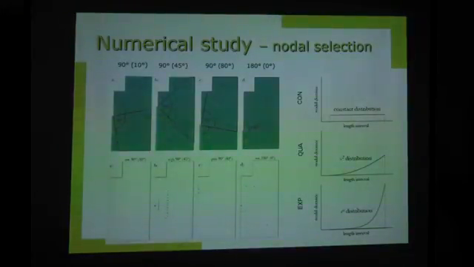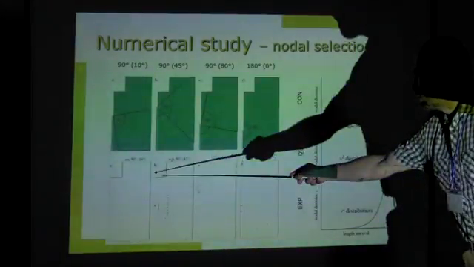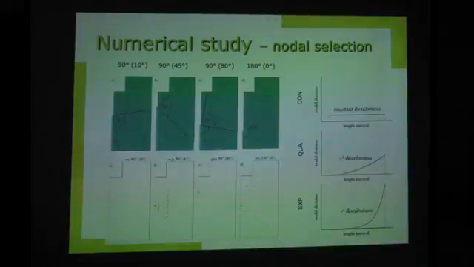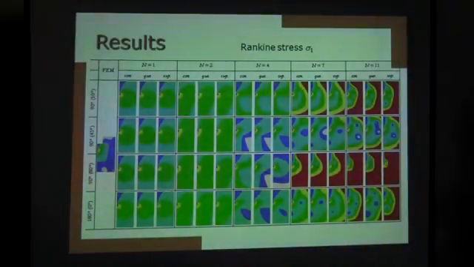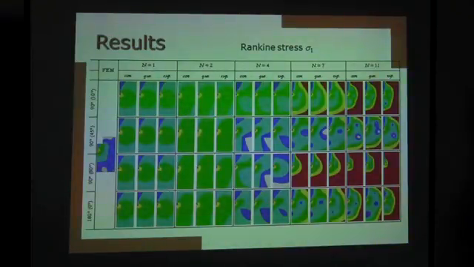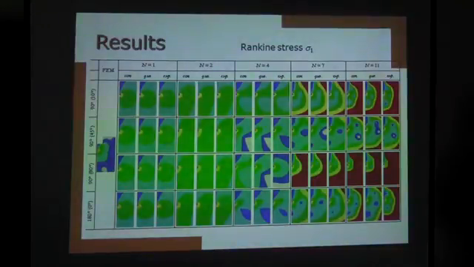And for the distance selection, we used, for example, constant, quadratic, or exponential distribution. That means we took nodes from the distance from the crack tip according to these functions, and we then determined the coefficients of the higher order terms of the Williams series, which we used for the backward reconstruction of the stress field.